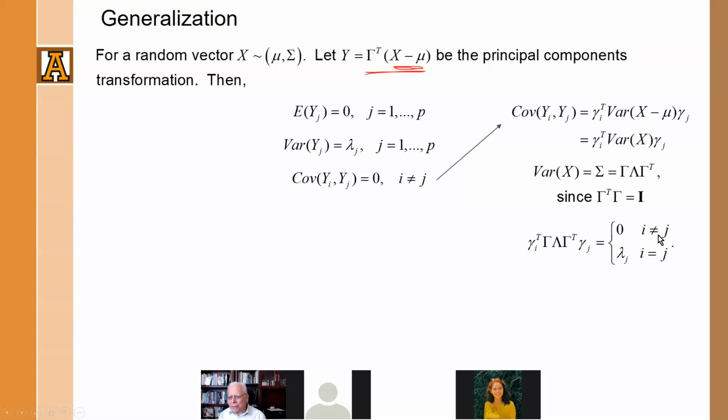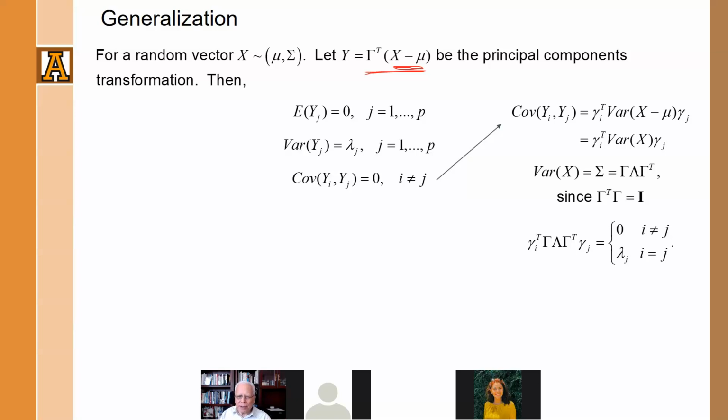That is equal to 0 if i is different from j, and is equal to lambda sub j if i equals j, because this matrix is diagonal and the only values that are non-zero are the elements in the diagonal, which are the eigenvalues. Okay, so if i is different from j, we're working outside the diagonal of this matrix, then those covariances are 0. So when we do the principal component transformation, the transformed variables have covariance 0.